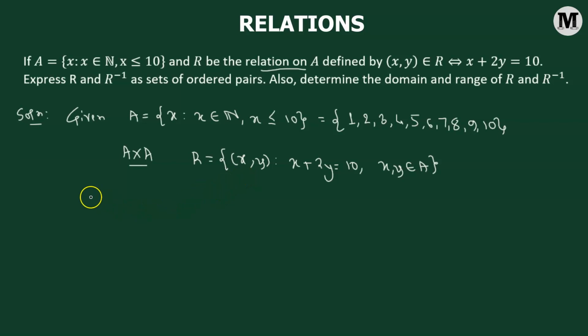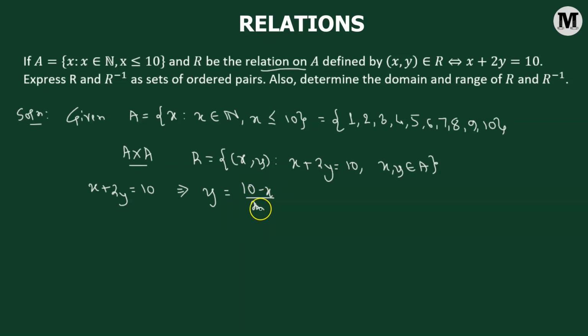Let's say we start with the first element x. Here we have the equation x + 2y = 10. What we'll do here is isolate y. So y is going to be equal to (10 - x) divided by 2.